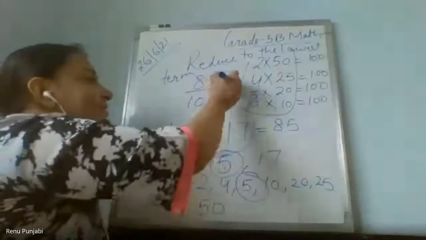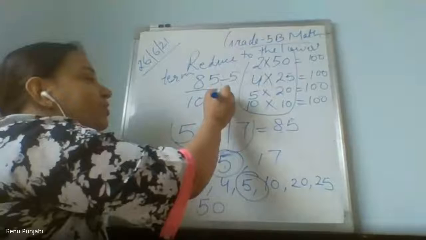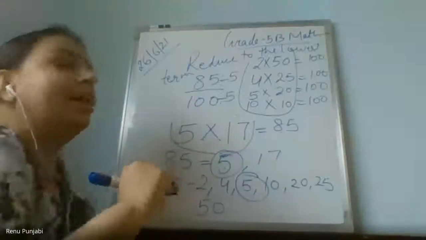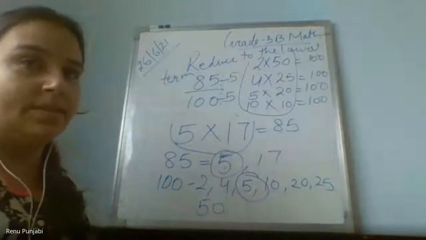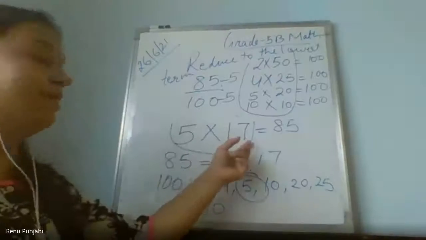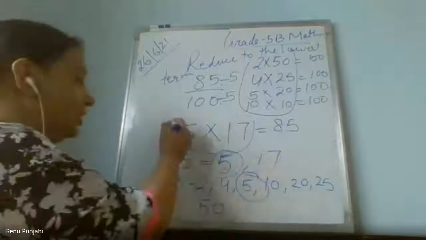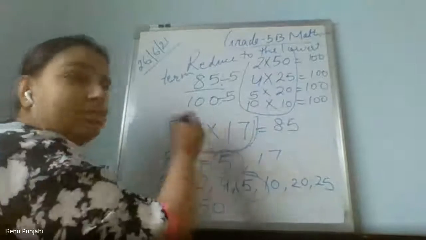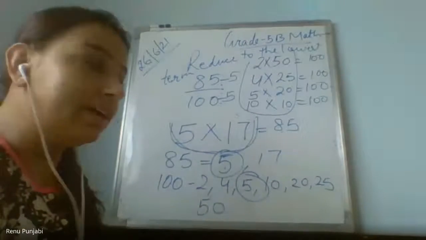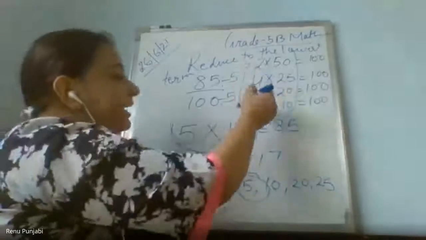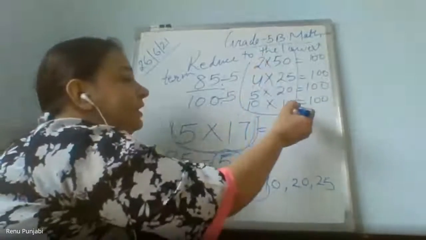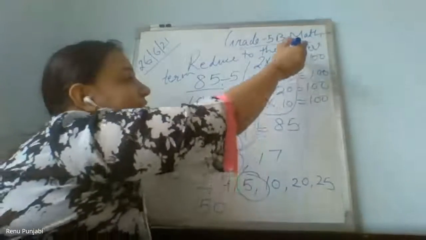Take that 5, and divide both numerator and denominator by it. Now tell me the answer. Ma'am, in 85 there is only 5, no? 5 and 17. Take a U-turn. Both are factors, even if they are not coming in the same line. When you are taking a U-turn: 2, 4, 5, 10, 20, 25, 50.